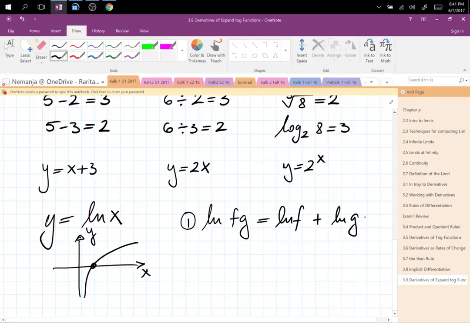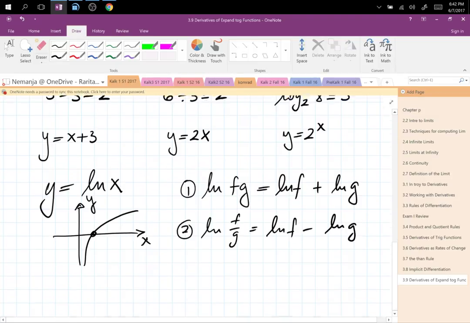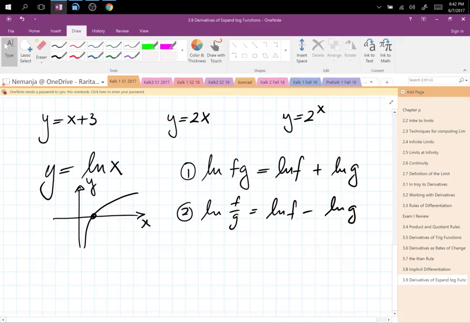So the product of arguments goes into addition or sum of logs. Number 2, ln of f divided by g, by common sense, is what? Negative. Very good. Making sure g is not 0. And the third rule is going to kick the exponent outside. So if you have some power p, p will jump in front of the log.